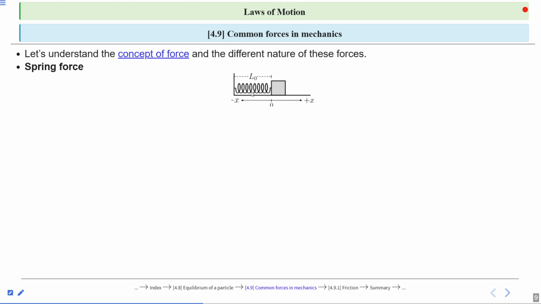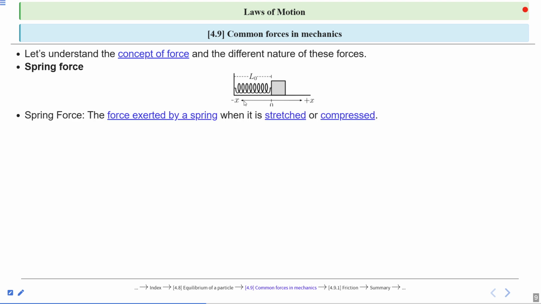The length of the spring is L naught and the mean position is this one, 0. So the spring force, we can define as the force exerted by a spring when it is stretched or compressed.